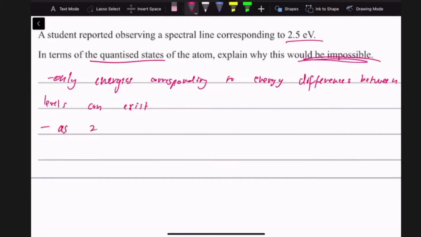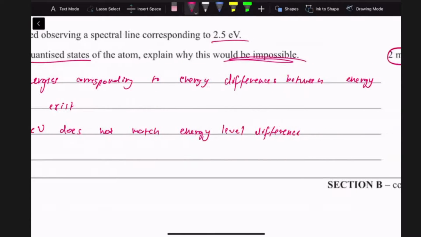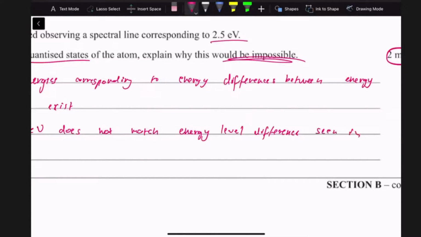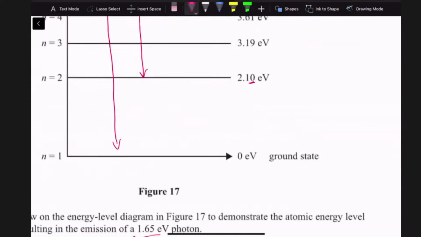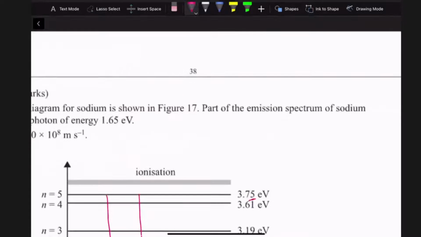So then, as 2.5 electron volts does not match an energy level difference seen in figure 17, or you can write the hydrogen, oh sorry, is this hydrogen?